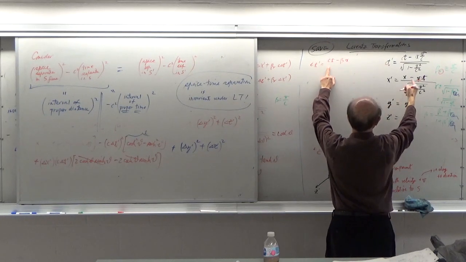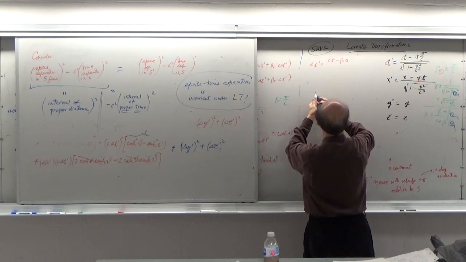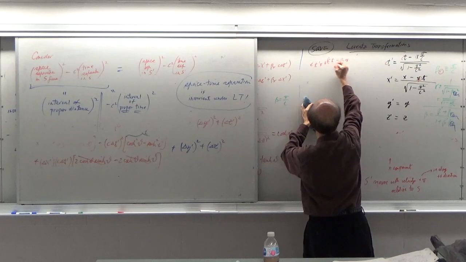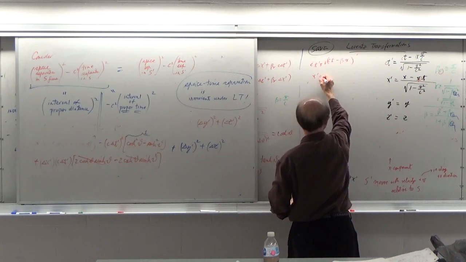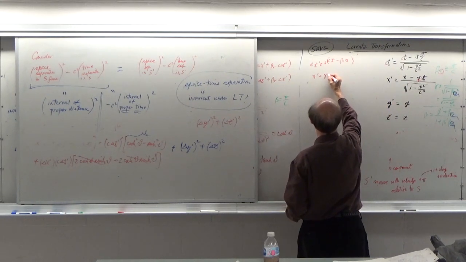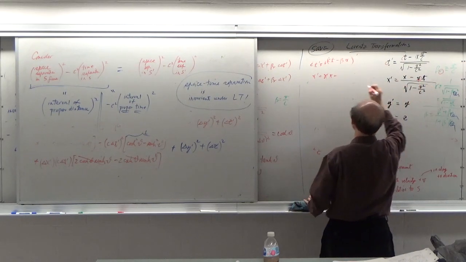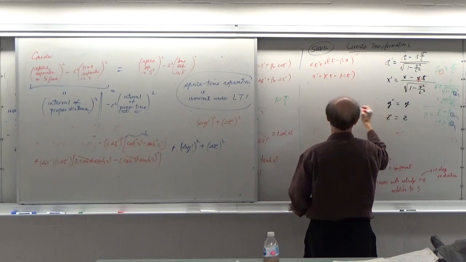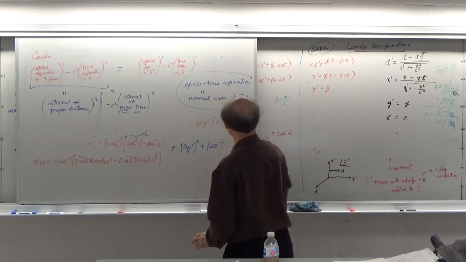And this is nothing but gamma. So it's gamma outside. And this one, x prime, is equal to gamma of x minus beta ct. Then y prime is equal to this.